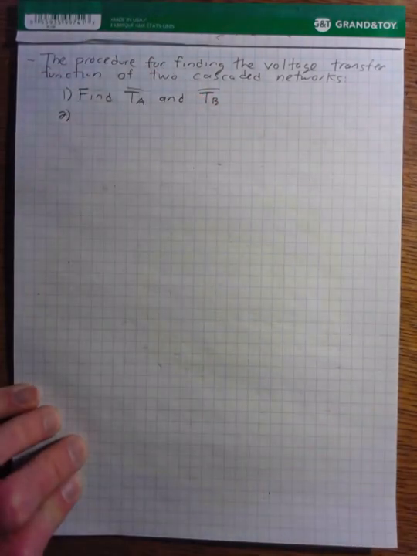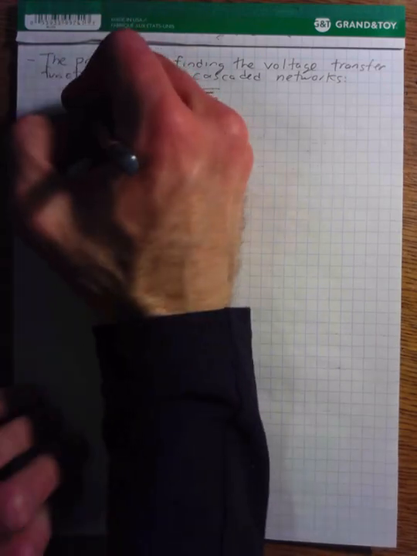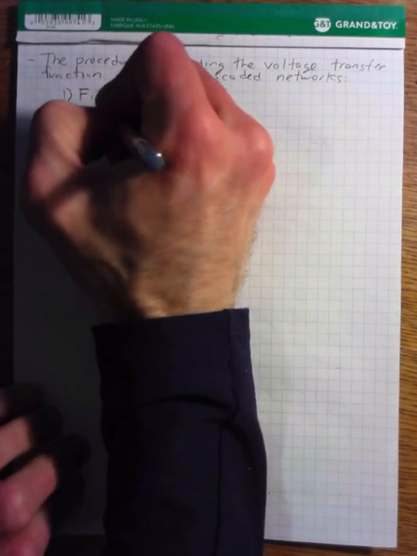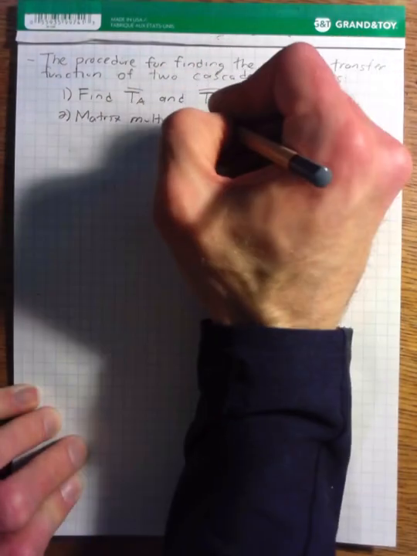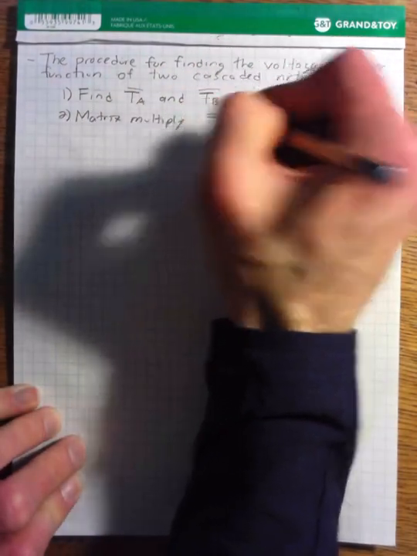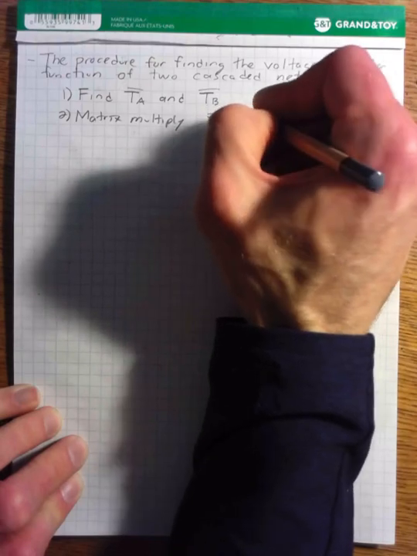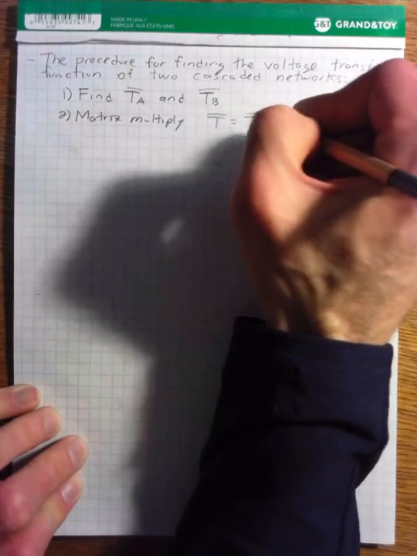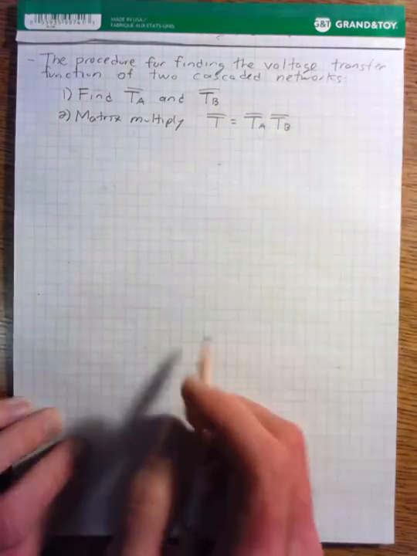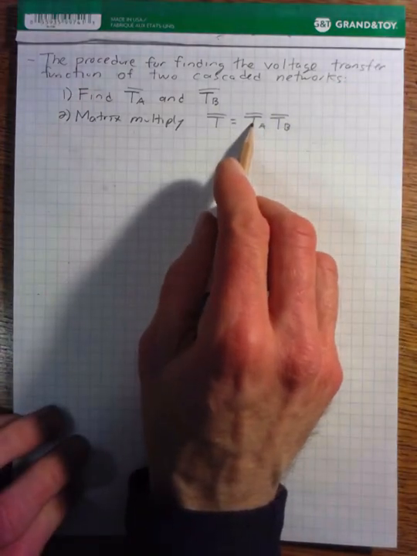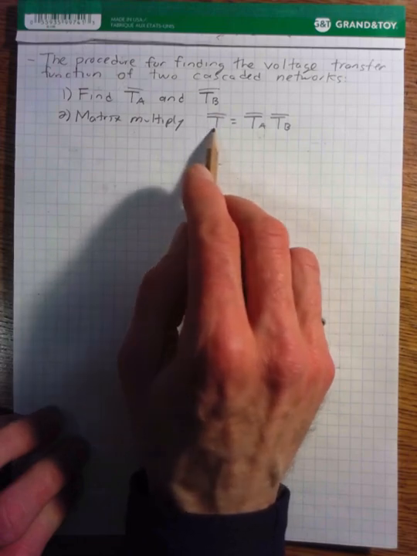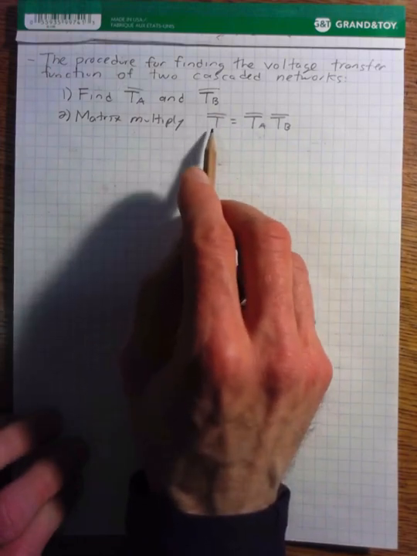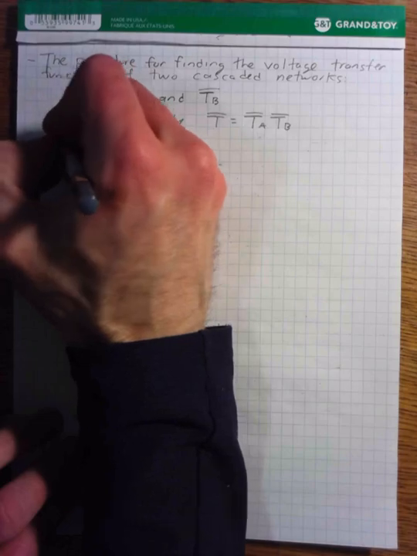We then perform a matrix multiplication. So T is equal to the matrix multiplication of TA and TB, right? And since this is a 2x2 matrix and this is a 2x2 matrix, the product T will still be a 2x2 matrix.